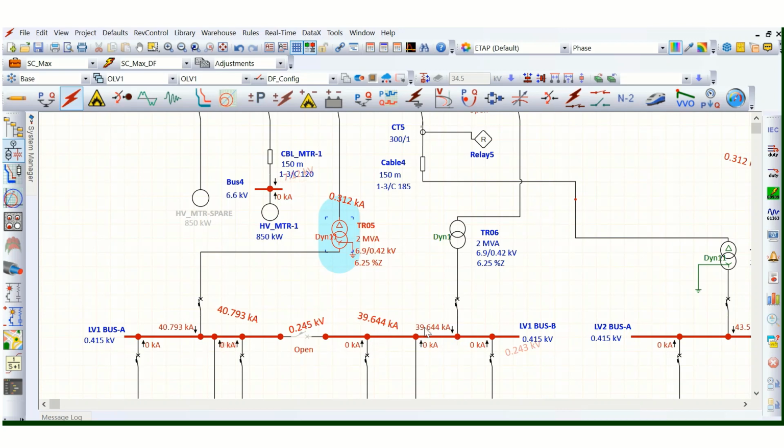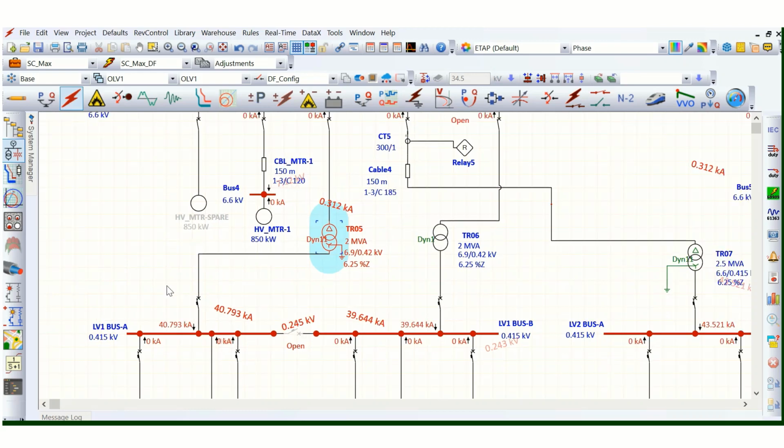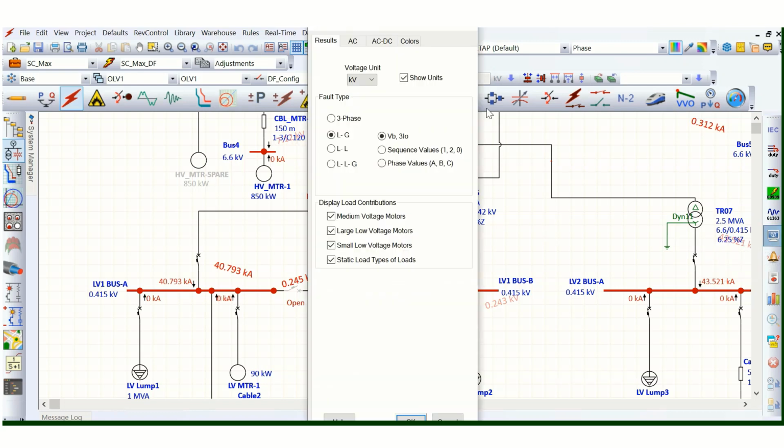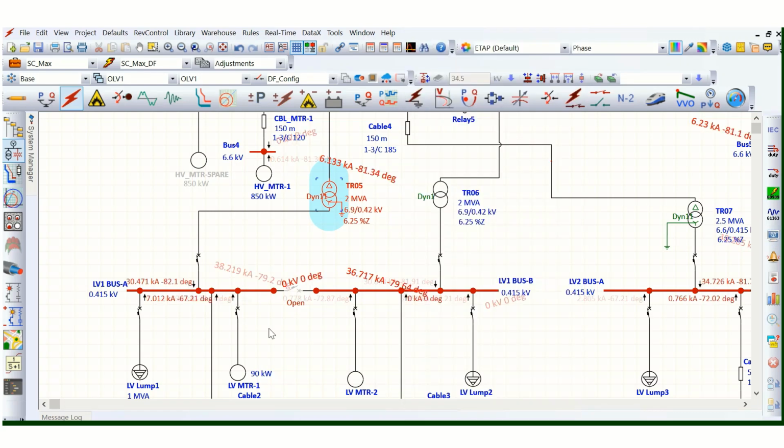And interestingly, there is a high chance that this single line to ground fault value, approximately 40 kiloamps, may be higher than the three phase current itself. Let's check what is the value of three phase. Select three phase current here.